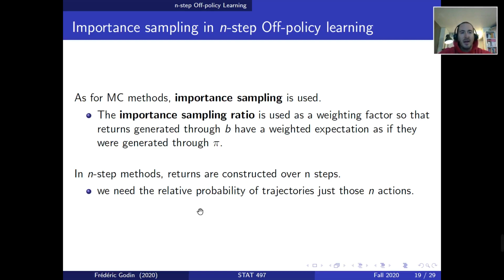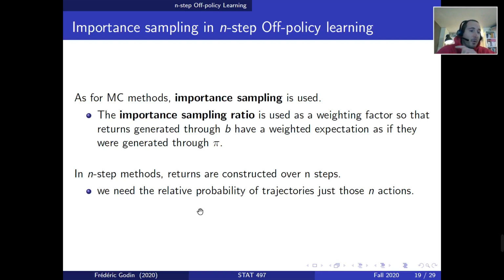To reflect the fact that the probability of encountering a given episode under the behavior policy b or the target policy pi differs, we're going to multiply the various returns by a correcting factor, which is called the importance sampling ratio. This ratio reflects the fact that the probability of facing a given episode under the two different policies is different.